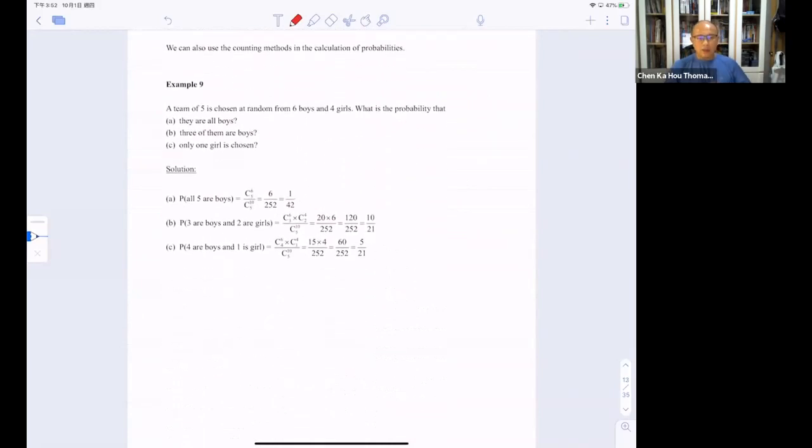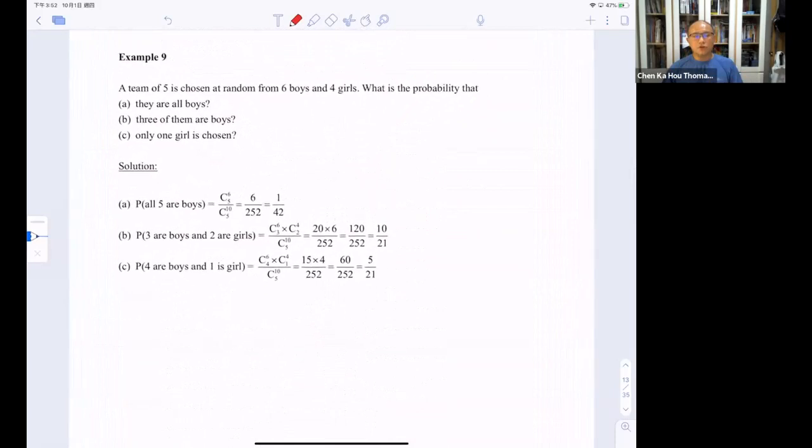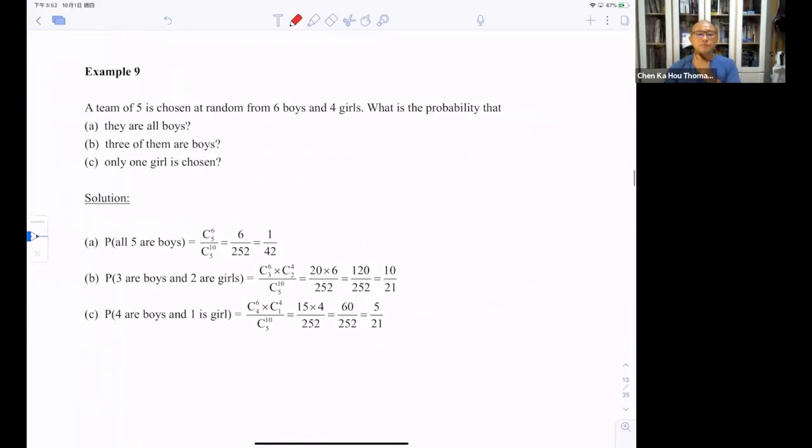We may also use the technique you learned in counting to find the probability. A team of 5 is chosen at random from 6 boys and 4 girls. What is the probability that they are all boys? There are 2 groups of people, 6 boys here and 4 girls there.